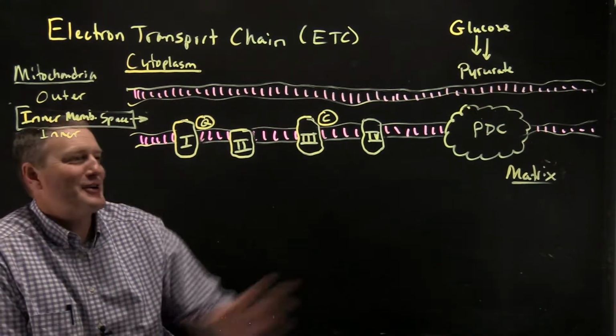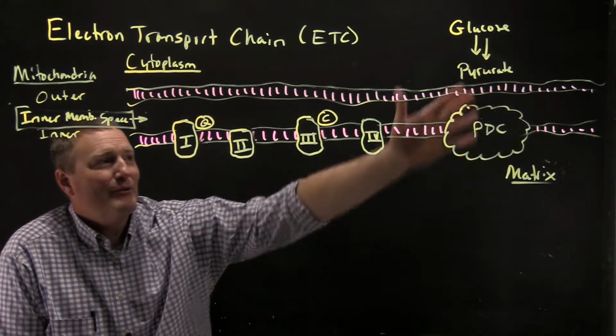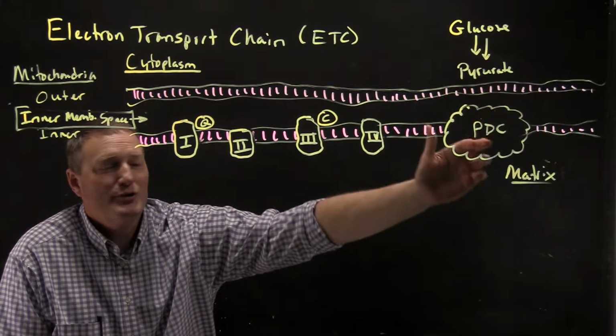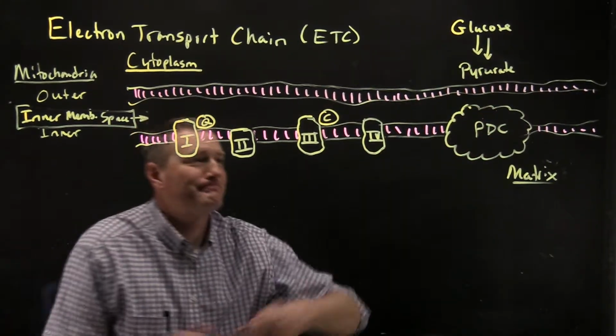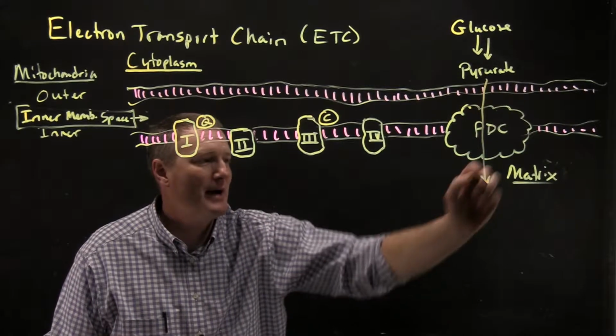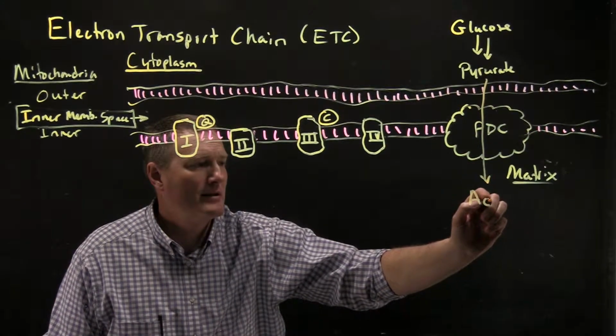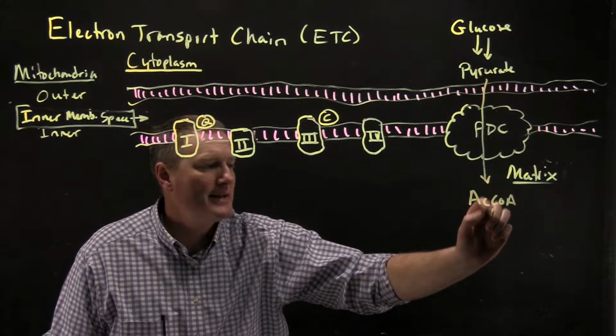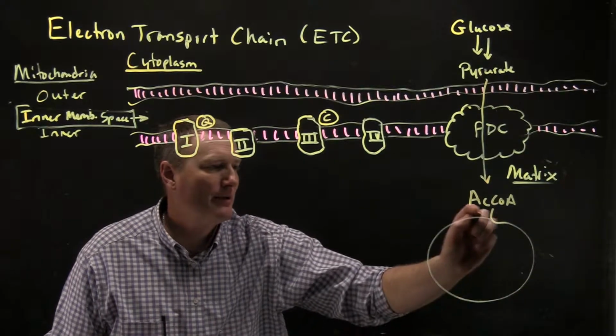But okay, so here we have the matrix. Now, recall now that pyruvate has to go through the pyruvate dehydrogenase complex. It's going to again get deposited as acetyl-CoA. That's then going to enter into the Krebs cycle.